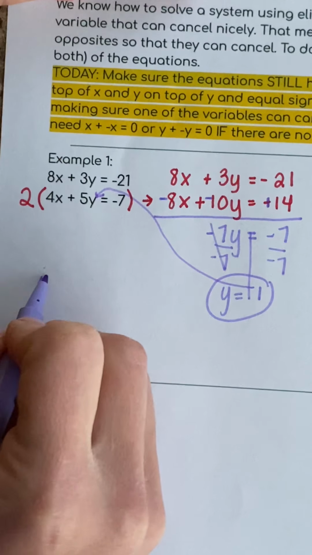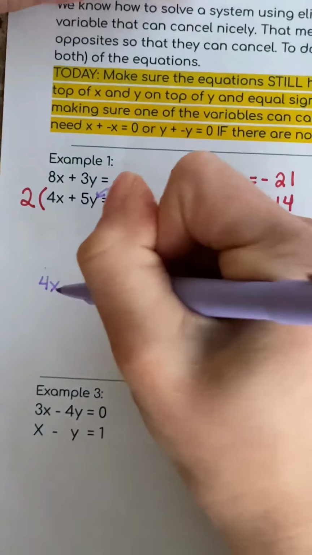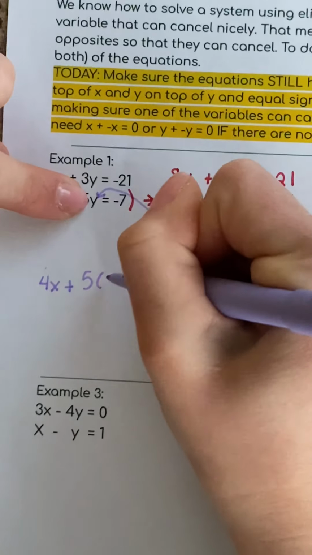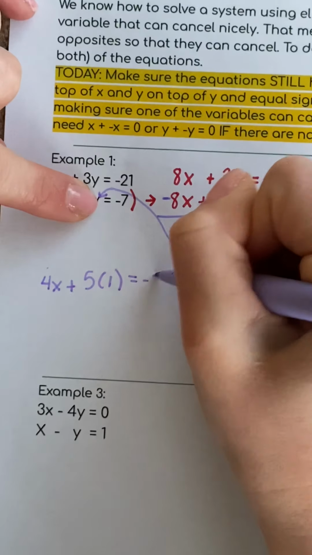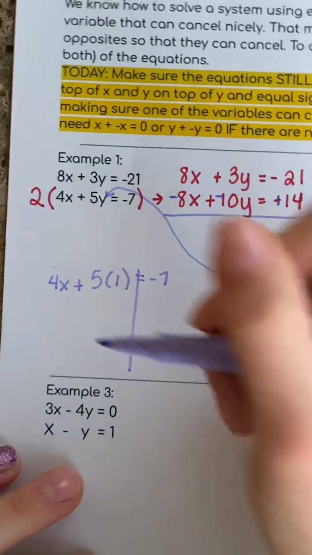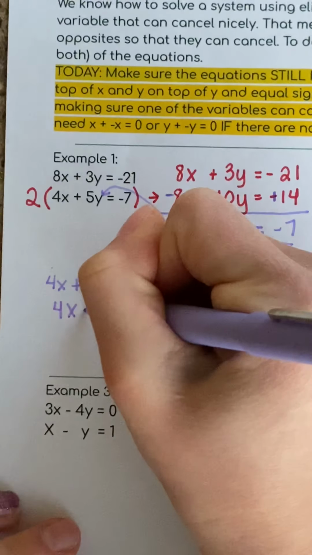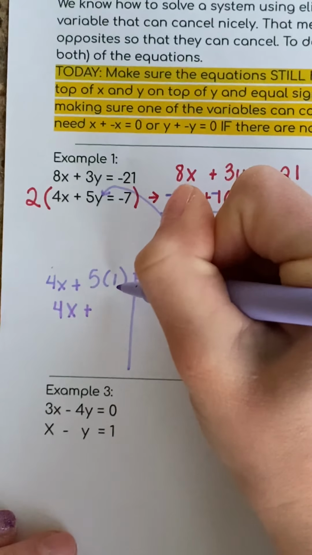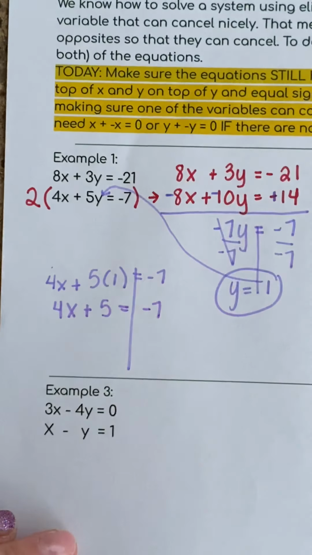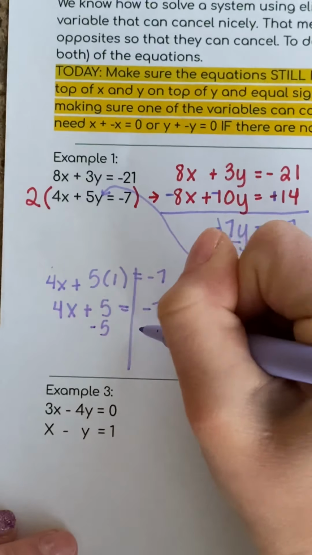So I have 4x plus 5, instead of y, I put 1, equals -7. So now we solve for x. I have 4x plus 5 times 1 is 5 equals -7. Two-step equation. Subtract 5 on both sides.